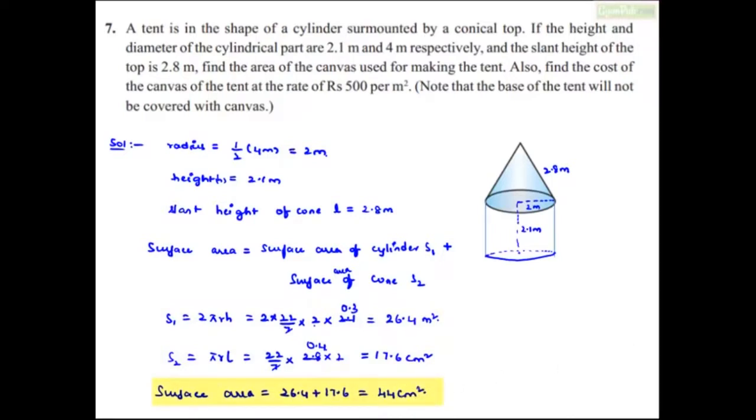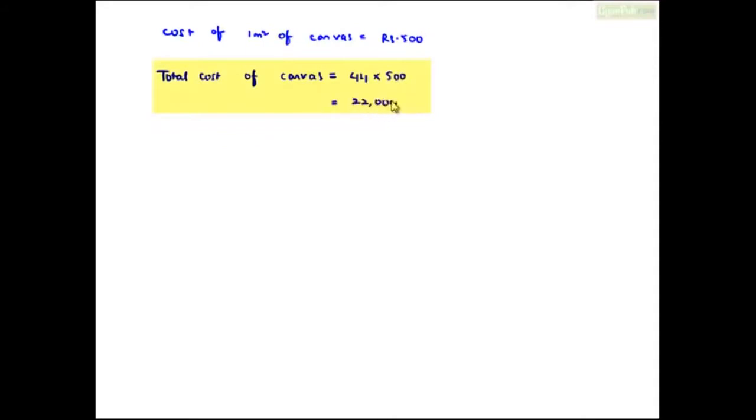Now he has given that cost of 1 meter square of canvas tent is rupees 500. Now he is asking the total cost of canvas, which is equal to surface area is 44 into 500, that is equal to 22,000 rupees.